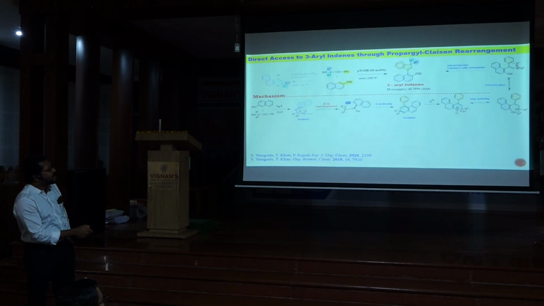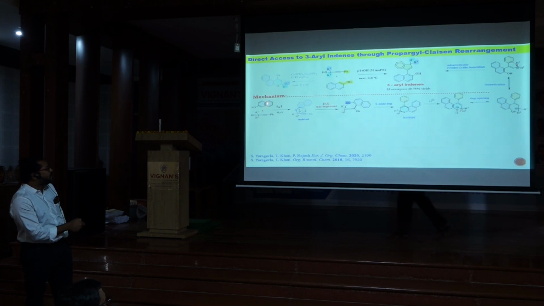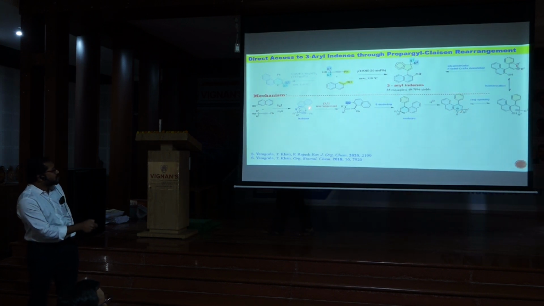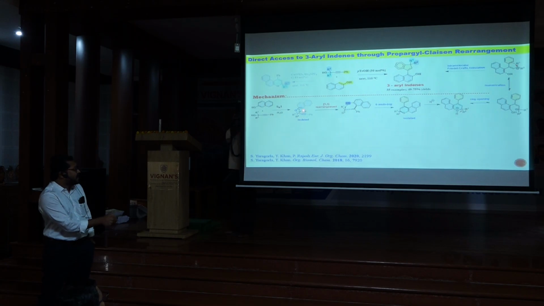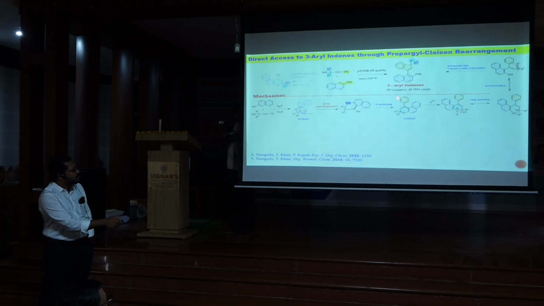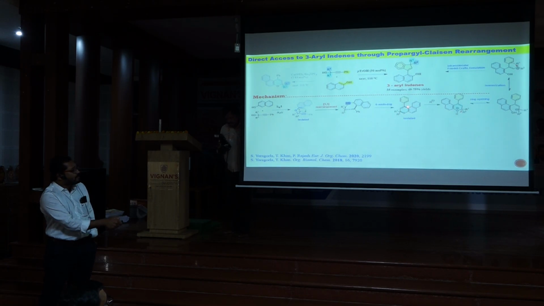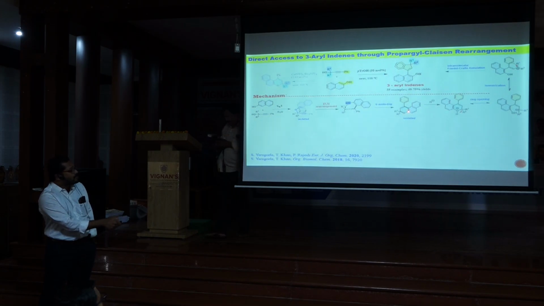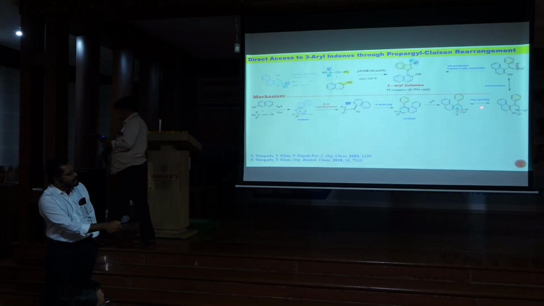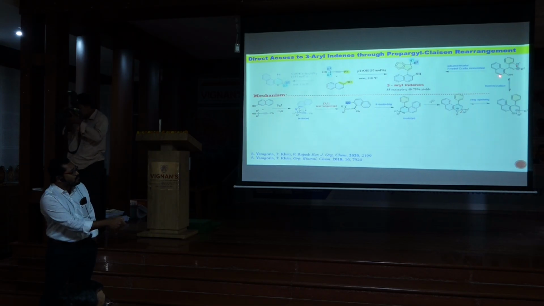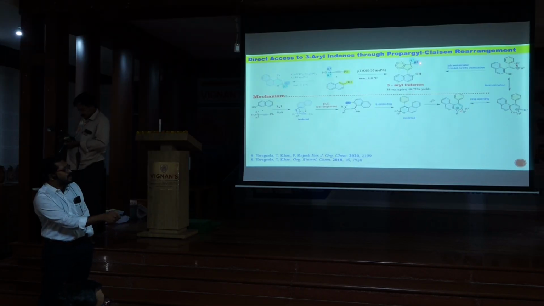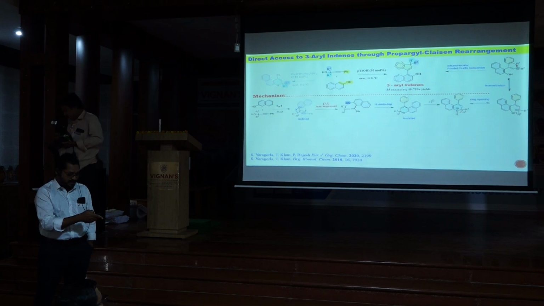We tried to understand the reaction mechanism, and we realized again the reaction proceeds through propargyl ether formation, and then this underwent cyclization to give the naphthopyran. Once the naphthopyran is formed, the Brønsted acid protonates the oxygen, and ring opening followed by cyclization via intramolecular Friedel-Crafts annulation gave the 3-aryl indenes.